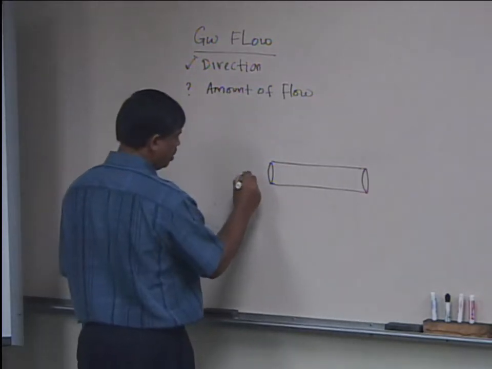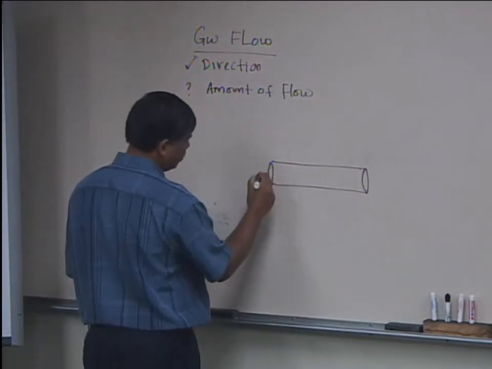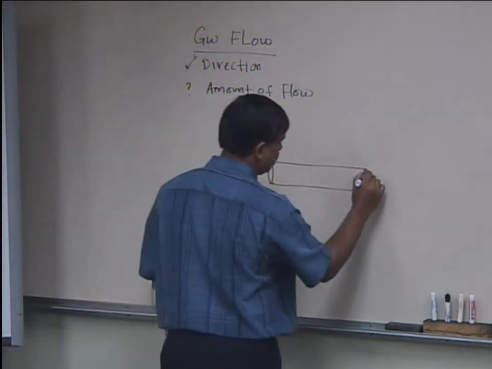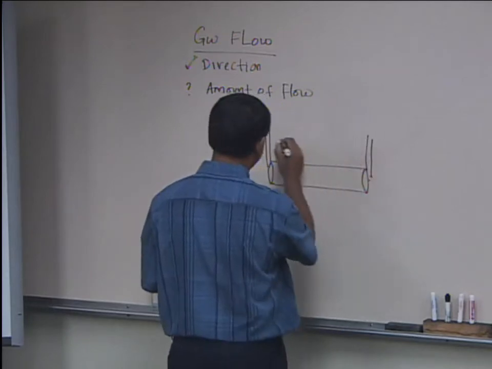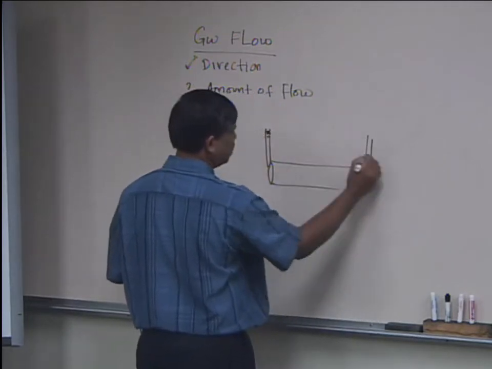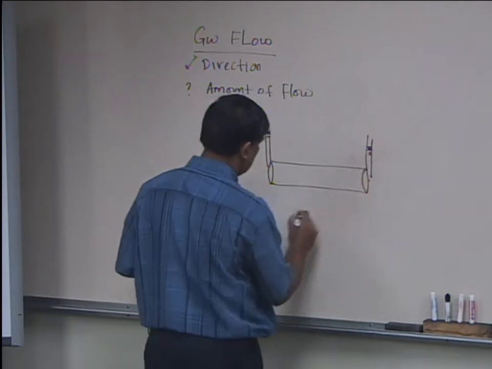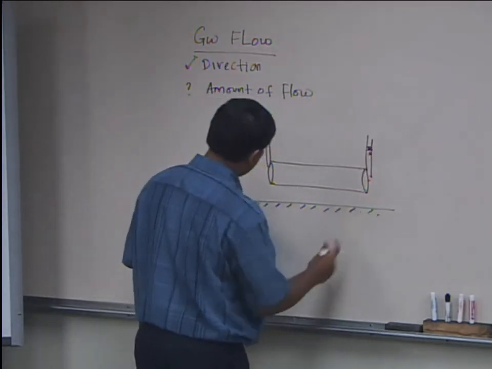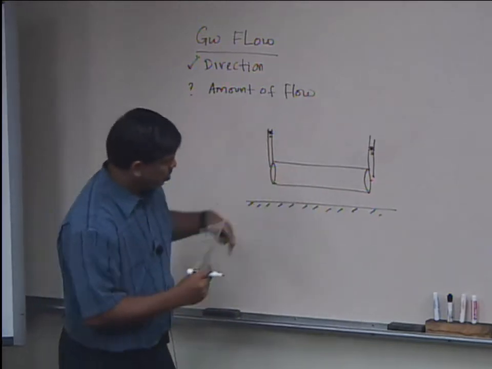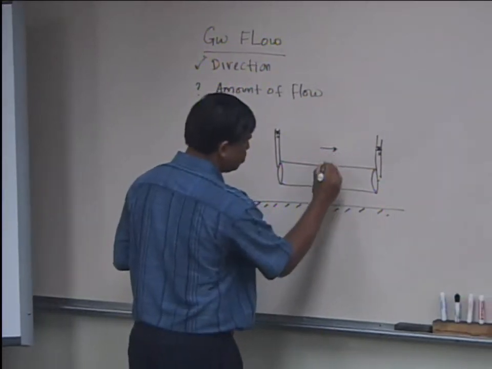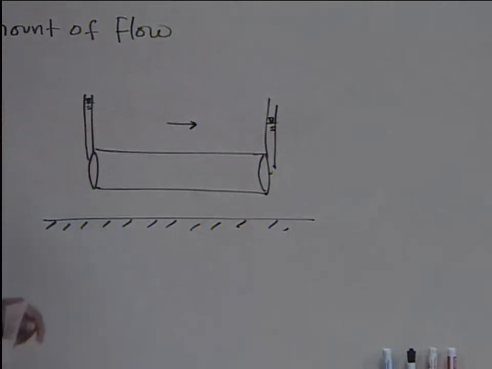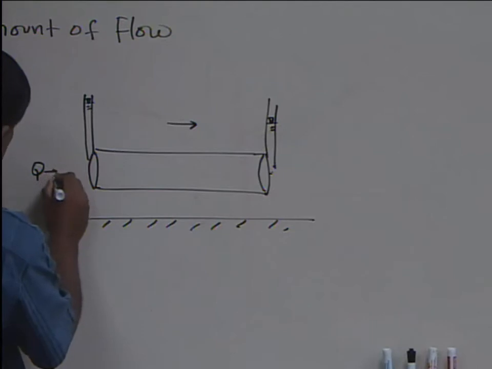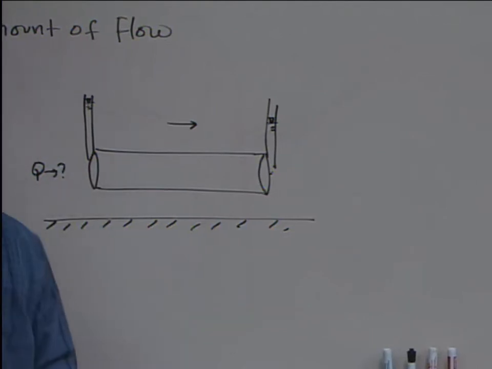If I have a head here and a head here, nothing tricky, that's my benchmark. The head here is higher than this head, so the flow is going to be this way. So we established the direction. Now the question is, what will be the flow? What is Q? How much Q can flow through the system?